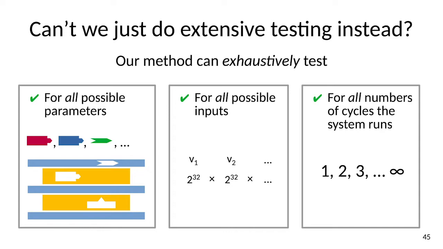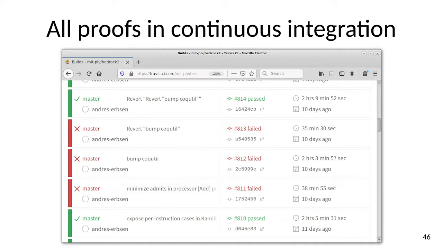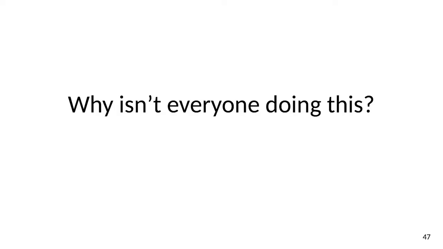And due to combinatorial explosion, this is not possible with conventional testing, and it will never be possible with conventional testing. Similar to conventional testing, all our proofs run in continuous integration, and whenever you change something, all the proofs are checked again. Now, if this is so great, why isn't everyone doing it?